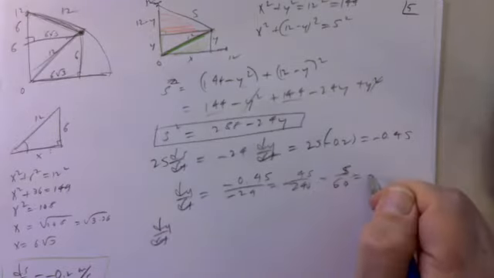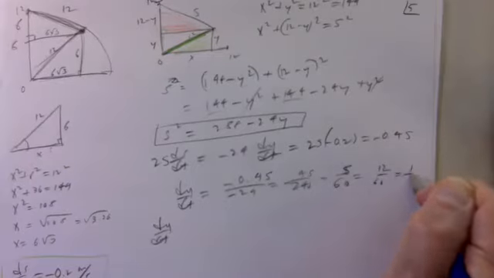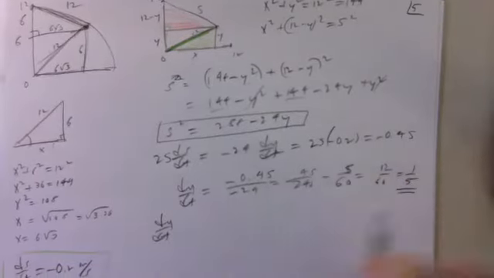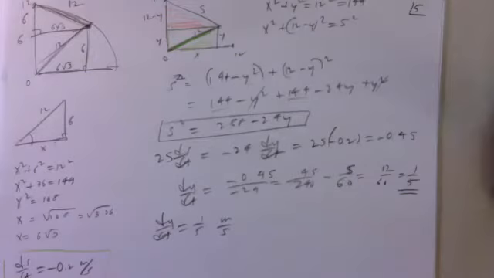So this is 12 over 60, or 1/5. So the height is increasing at a rate of 1/5 meters per second.